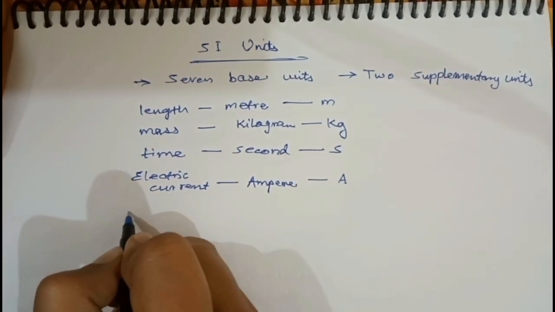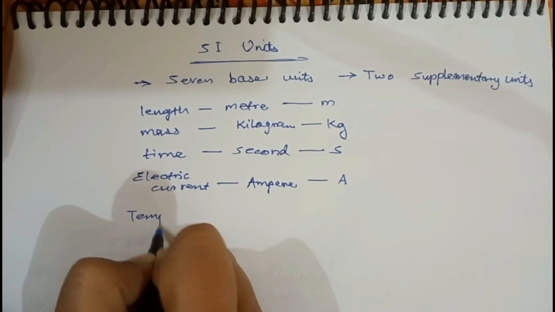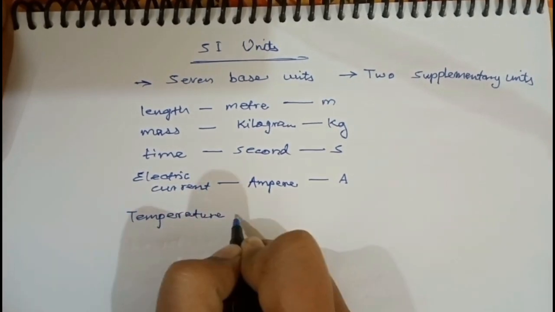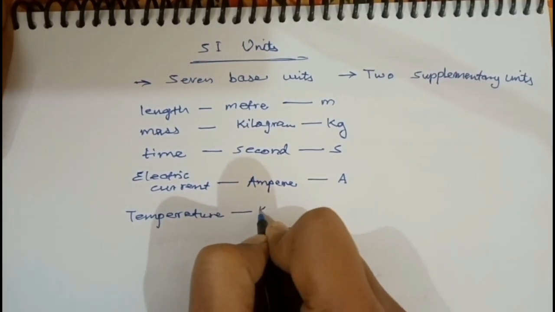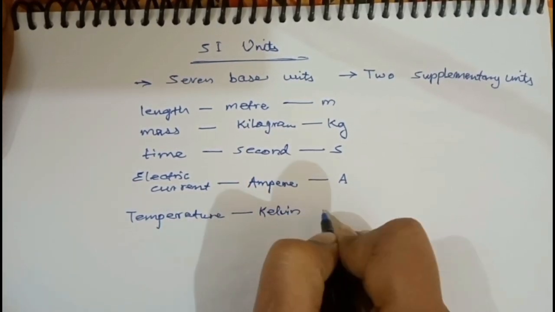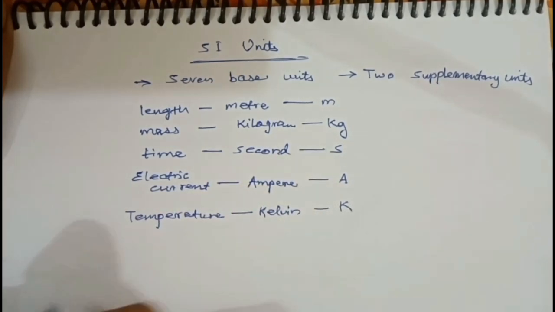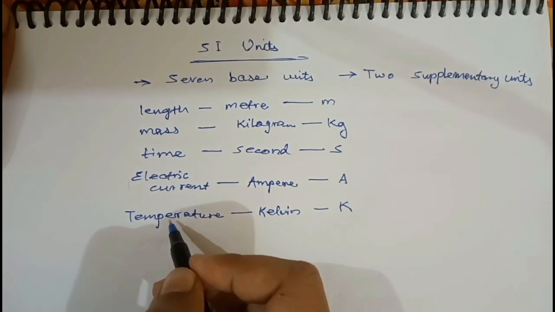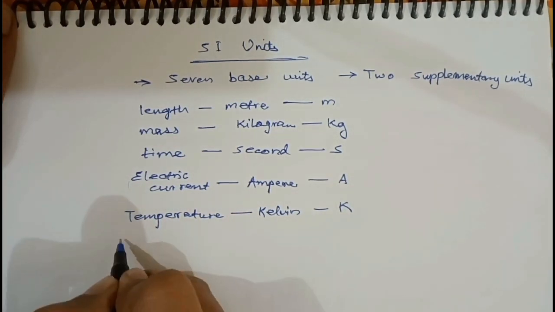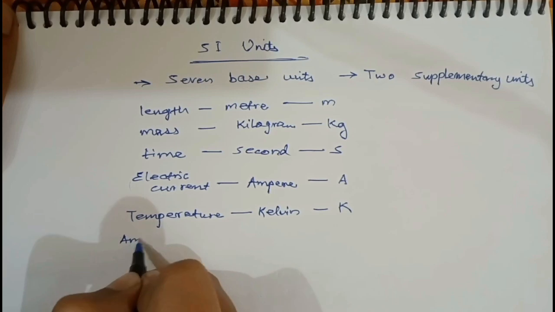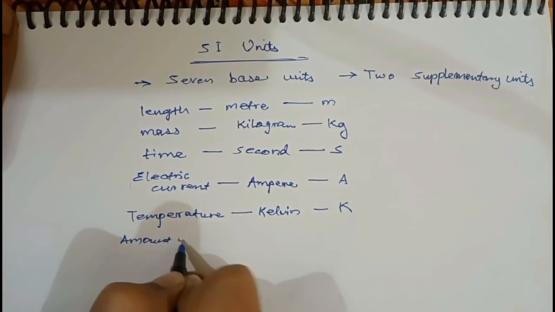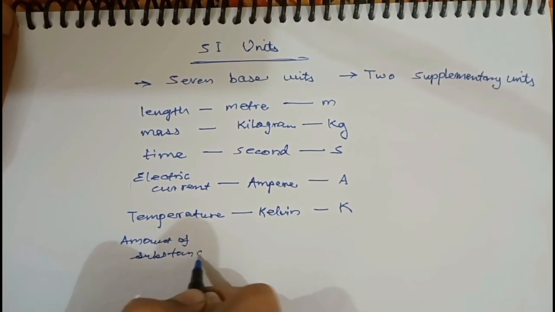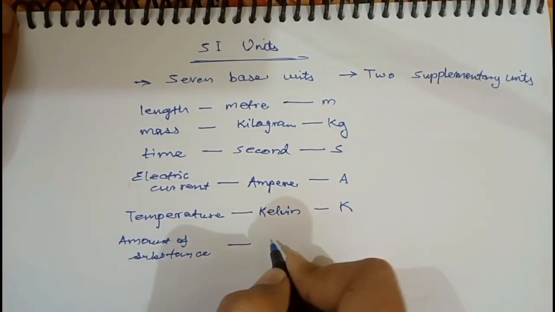And temperature, what is the unit? Kelvin. Abbreviation K. These are physical quantities: length, mass, time, electric current, temperature, amount of substance. Amount of any substance is measured in mole.